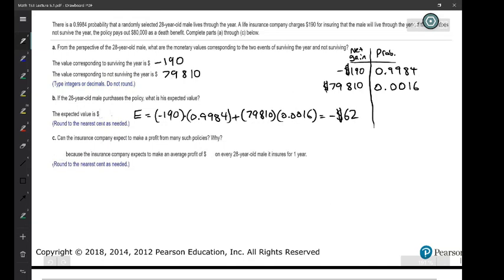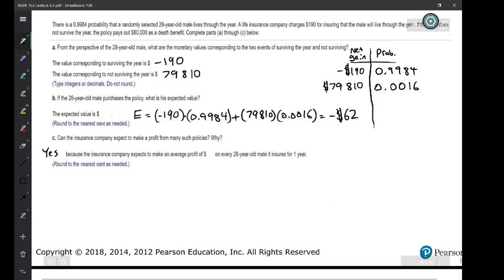Can the insurance company make a profit from such a policy? The answer would be yes, because they can expect on average that any given customer will pay them $62. A small fraction of their customers will die, and they'll have to pay out $80,000 to that customer.